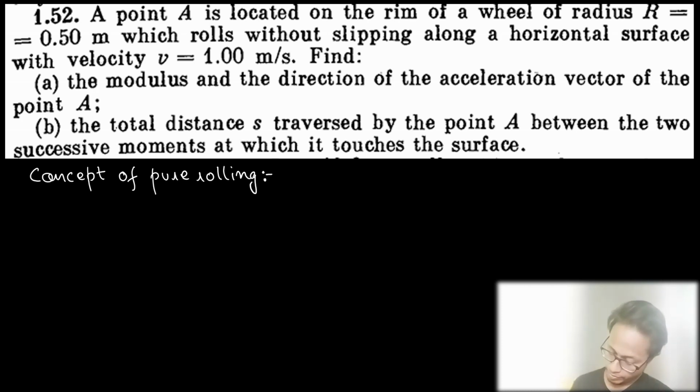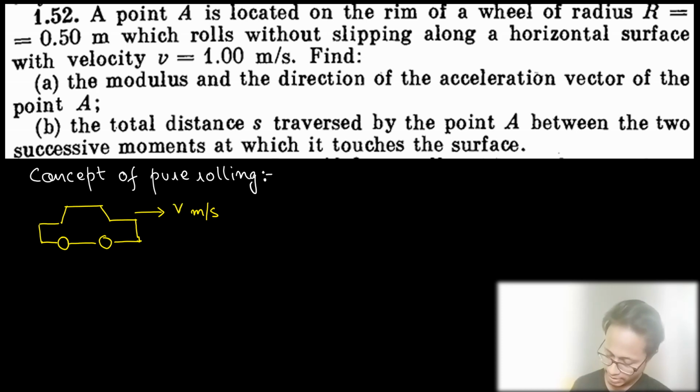In the concept of pure rolling, what happens is, suppose there is a car moving on the road with v velocity, or 100 km per hour, or let's say 30 meter per second. Instead of making it 30 meter per second, let's say it is v meter per second.